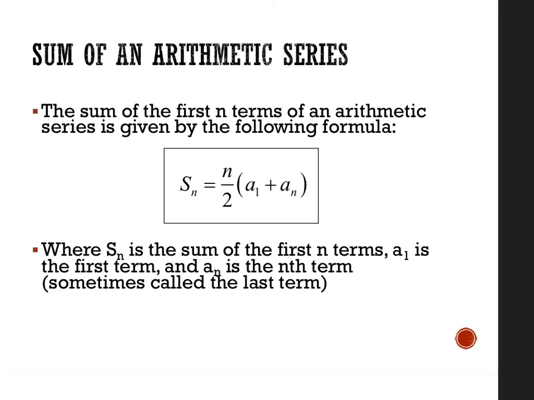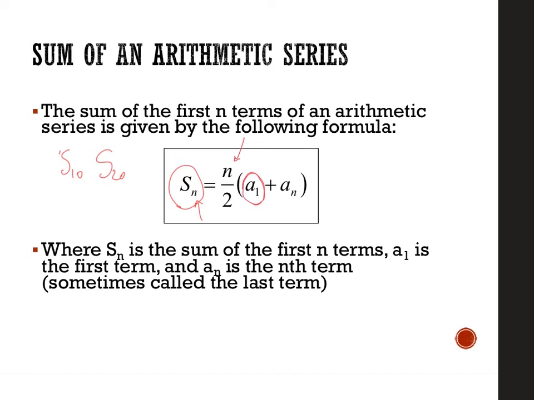I'll let you read this, and you can always pause the video if you need to. This notation right here lets you know you're finding the sum of a certain number of numbers. So if it says S sub 10, you're finding the sum of the first 10. If it said S sub 20, you're finding the sum of the first 20. This n and this n are the same.